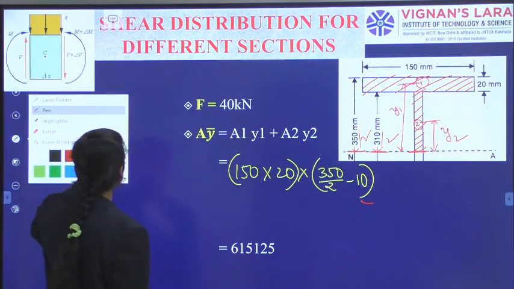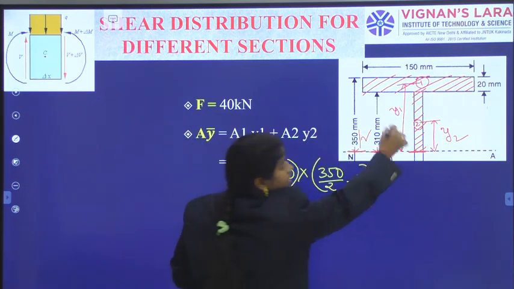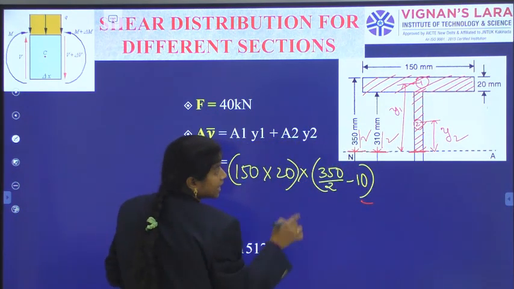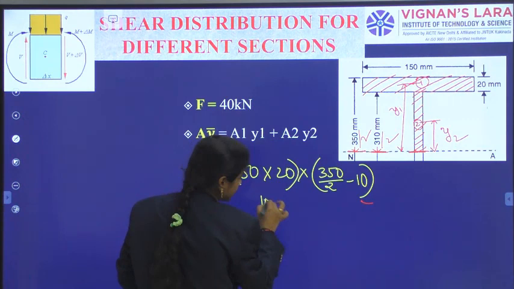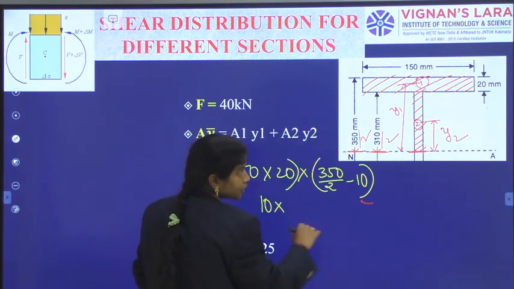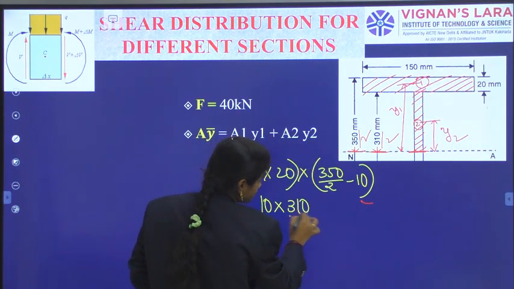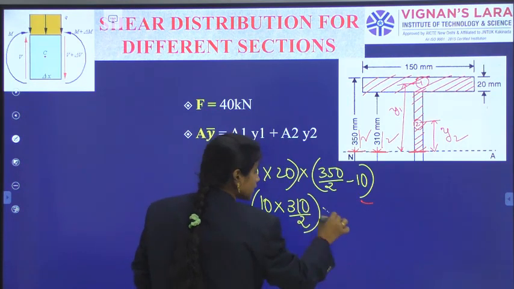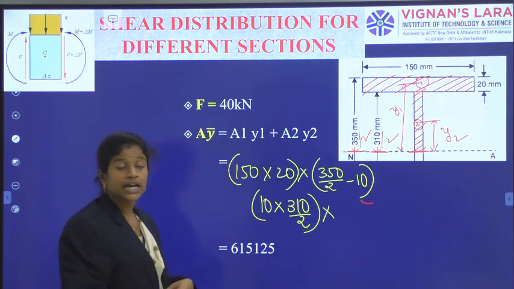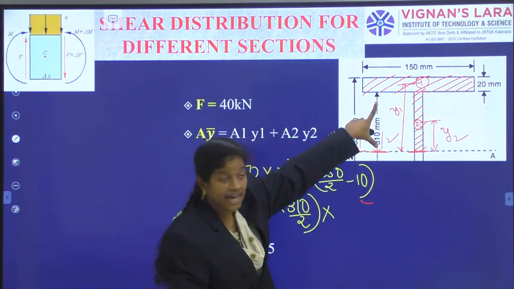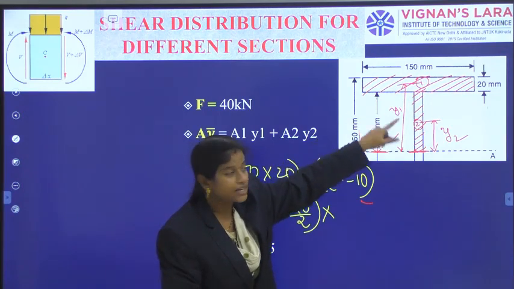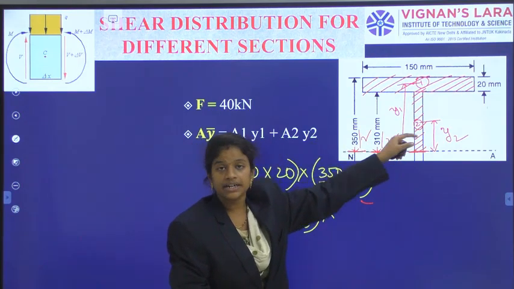Now A2y2. How is A2y2? Again the second portion. What is the second portion's dimensions? The width of the second portion is 10 mm. The height of the second portion is 310 by 2. And where does the centroid come? Simply, it is a rectangle. So for this rectangle, where is the centroid located? Half of the depth again.